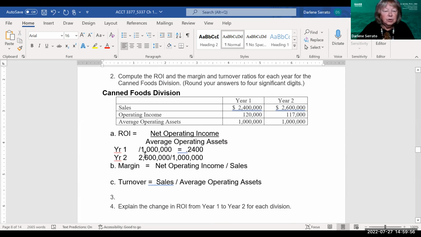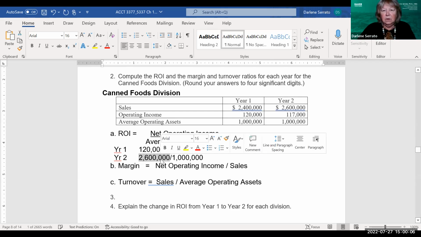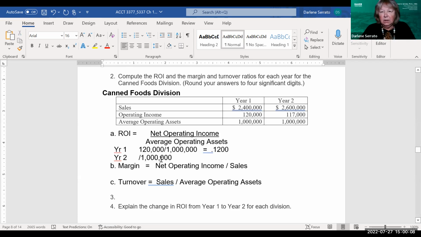Operating income is 120,000, which is 0.12. And this one, I thought it was large. Operating income is 117,000 divided by a million. 0.1170.